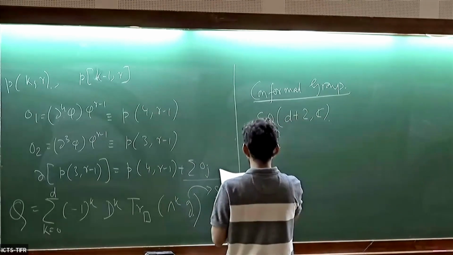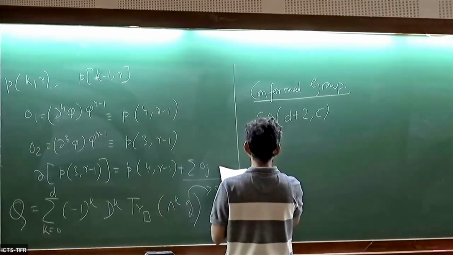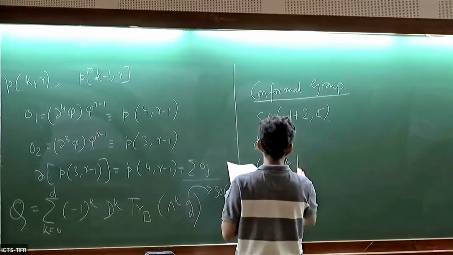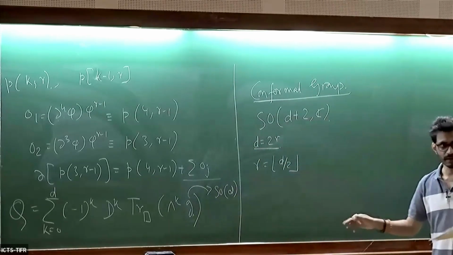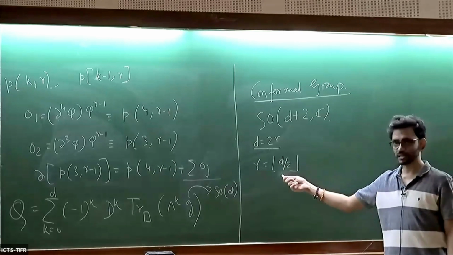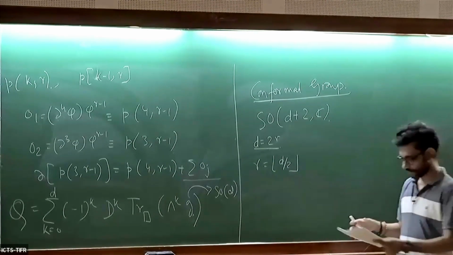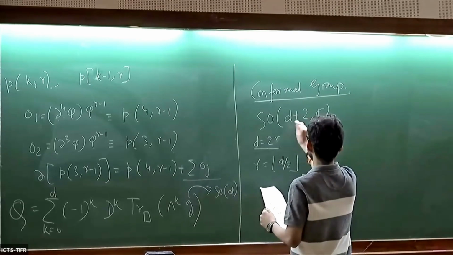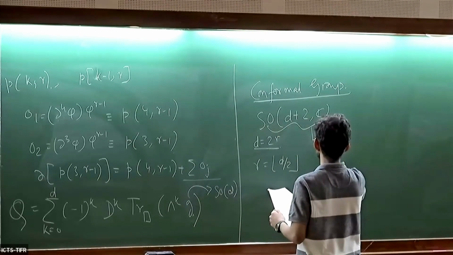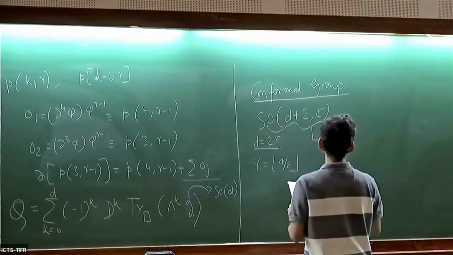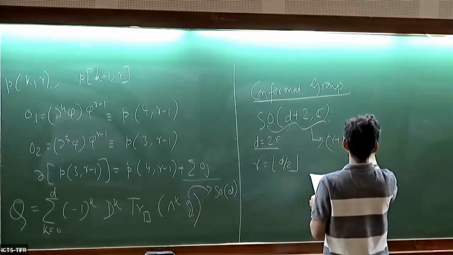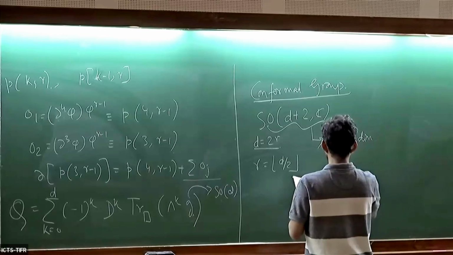So this R we write as D by 2, right? This symbol tells you whether D equal to 2R or 2R plus 1, the rank is basically R. So now, this representation I can think of in terms of an R plus 1 dimensional torus.